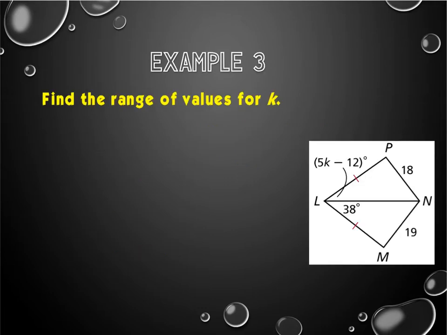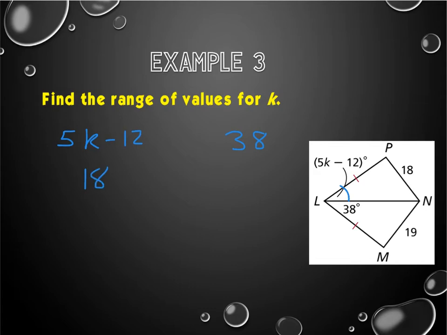All right, example 3. Find the range of values for K. So we're looking at angle PLN, which is 5K minus 12, and angle NLM, which is 38. What is the side length that's opposite of PLN, this angle here? 18.